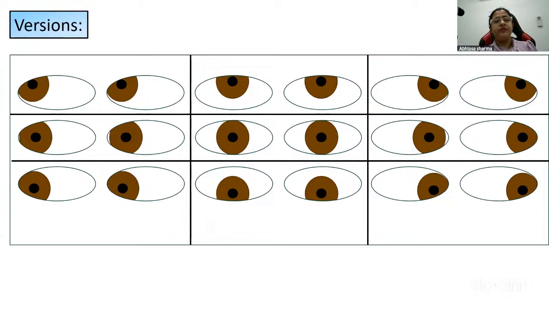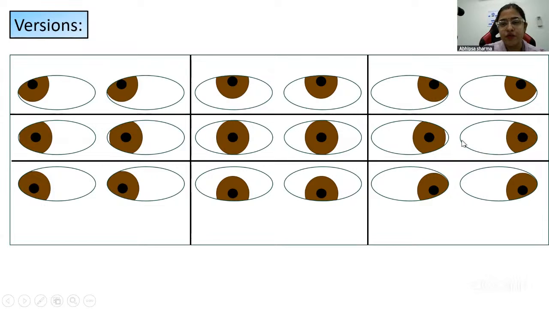So next comes, after ductions, we have versions. So what are versions? Versions are conjugate, simultaneous movements of the eyes. They happen in both eyes. So these are binocular movements so that the eyes can move in the same direction. So here, this is the primary position. This is dextroversion.